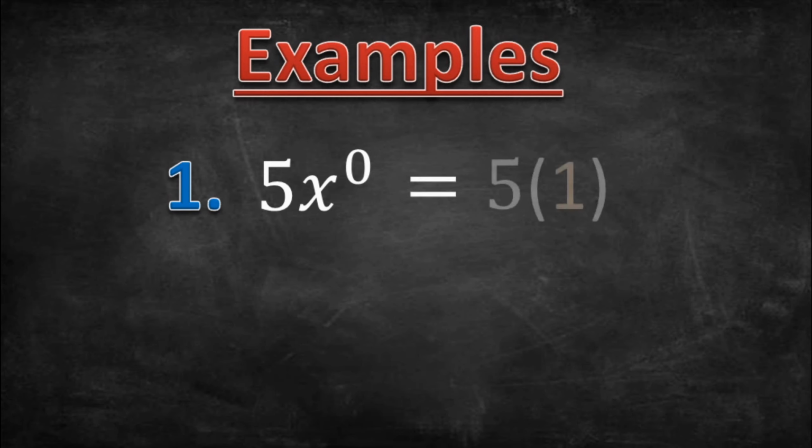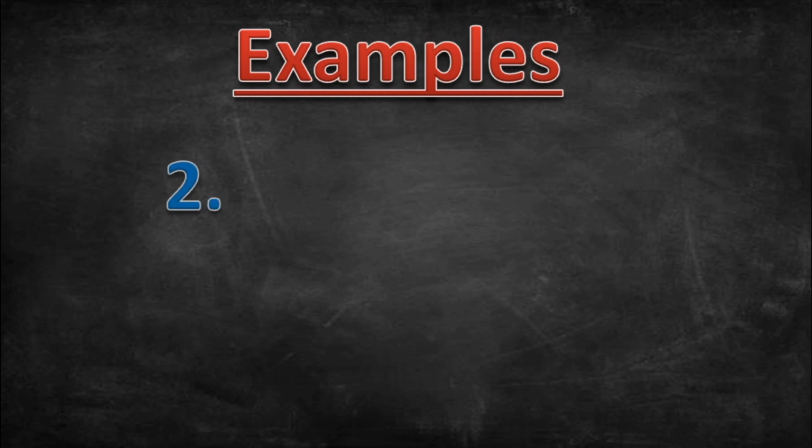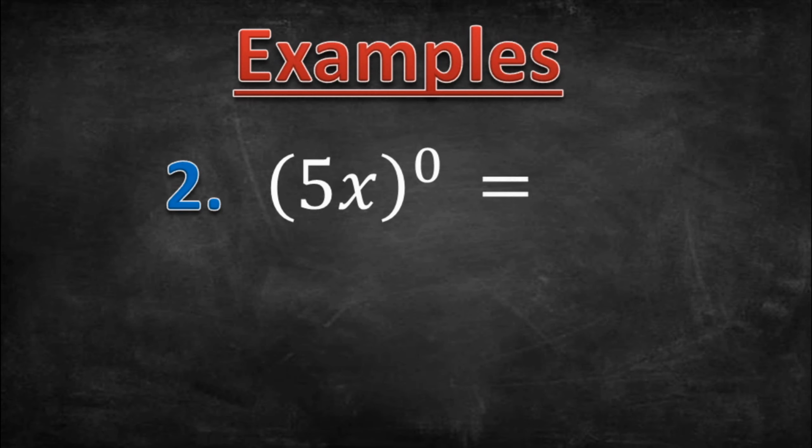So it's equal to 5 times 1, x to the 0 being 1. And this equals 5. In the second example, we have 5x in brackets to the 0. Now, here the power applies to everything inside the brackets. So 5x all to the 0 is equal to 1.